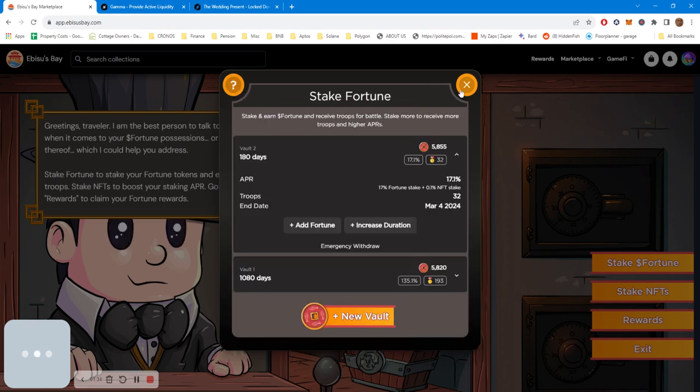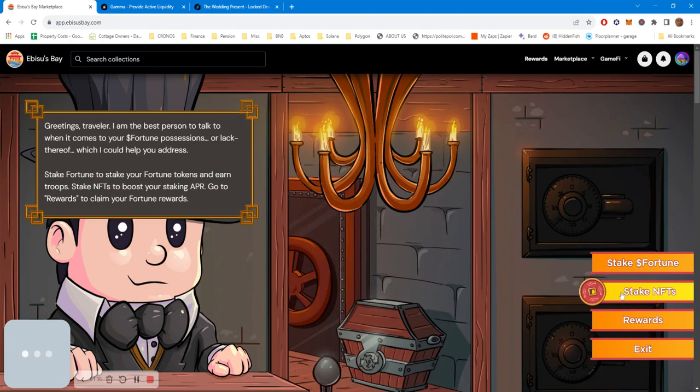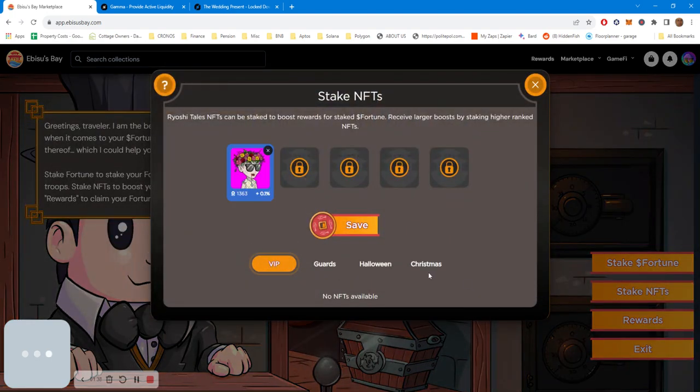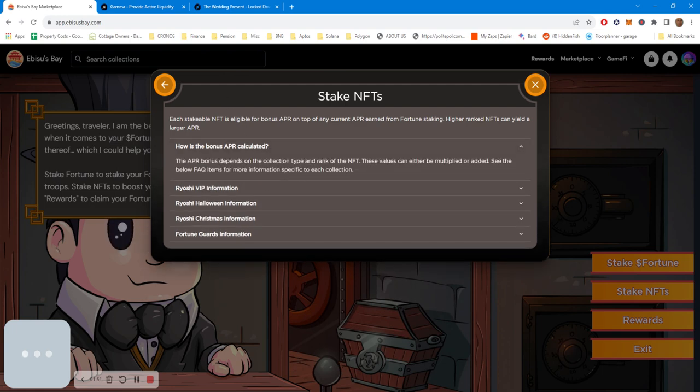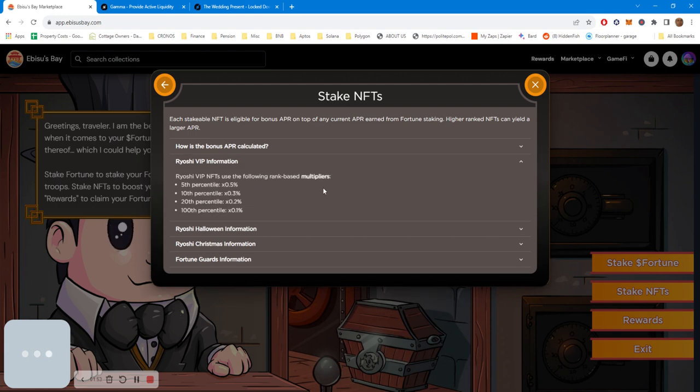Also, if you look at staking NFTs, this again is very useful. I've obviously just got my Ryoshi Halloween staked here and got a 0.1% boost. But again, you can go through the help in the top left-hand corner, calculation for the APR. And this is where it starts getting even more interesting, because this is really valuable information if you own Ryoshi VIPs.